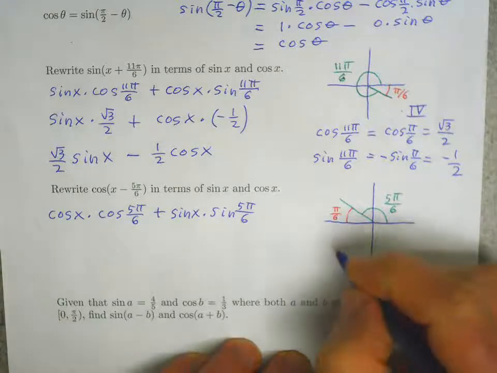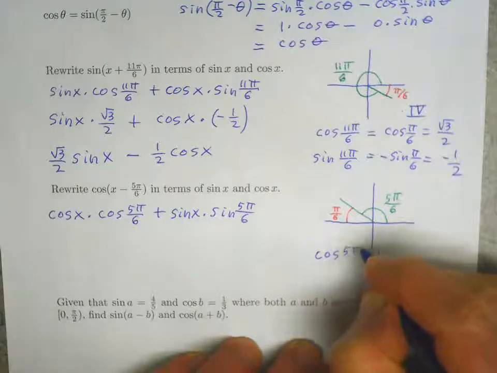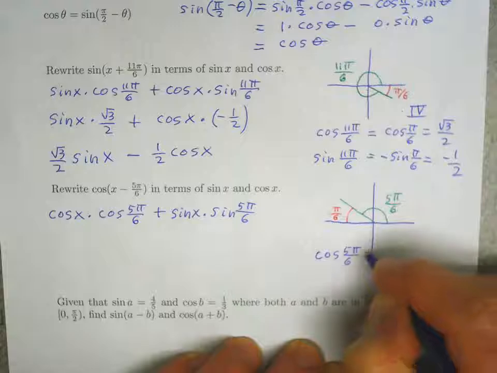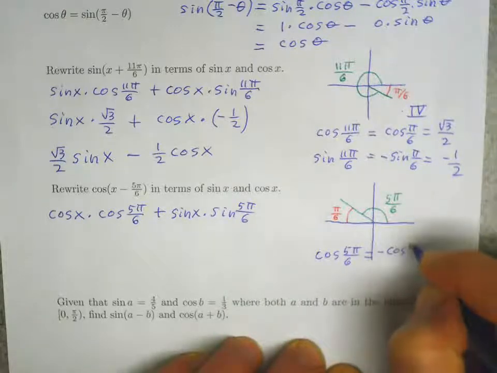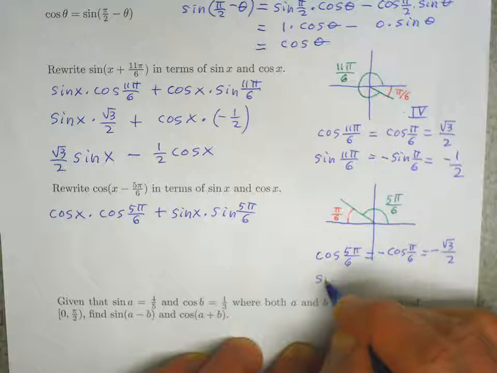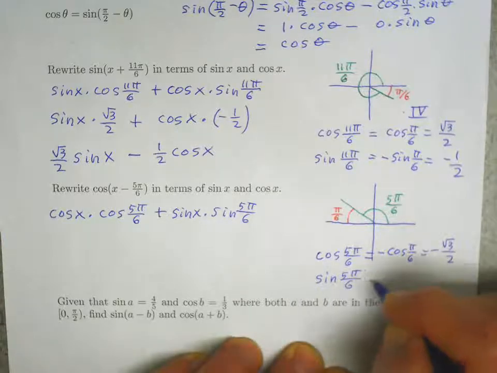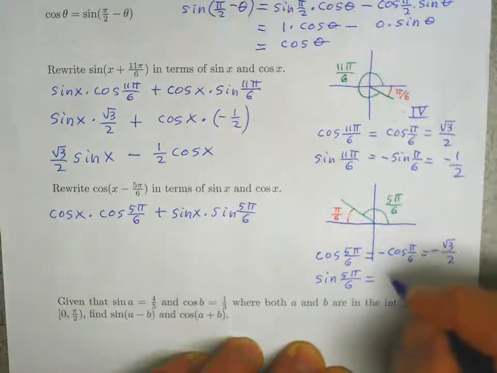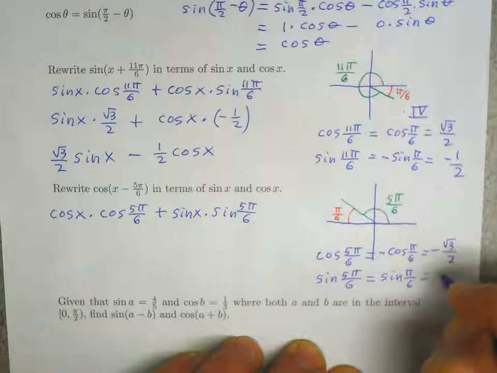So we'll write here that cosine of 5 pi over 6 is equal to negative cosine of pi over 6, or negative square root of 3 over 2. And then sine of 5 pi over 6 is positive sine of pi over 6, which is 1/2.